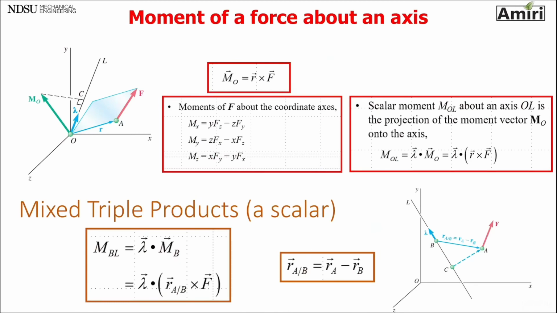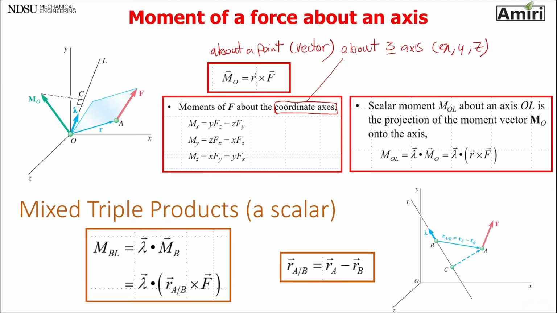So here is just a summary of what we've talked about so far. This is to remind you, moment of F about a coordinate axis. This is about a point, which is a vector, about three axes, x, y, and z.